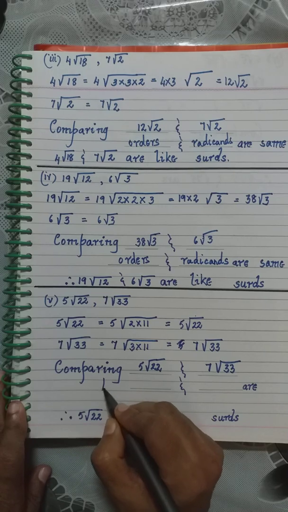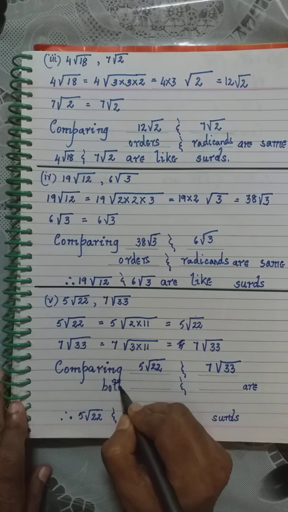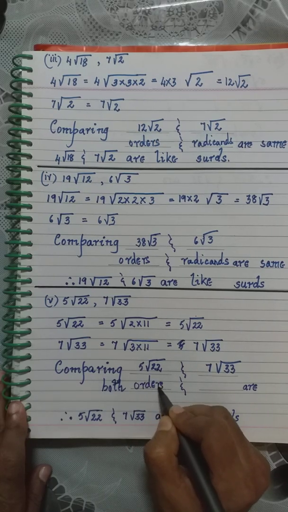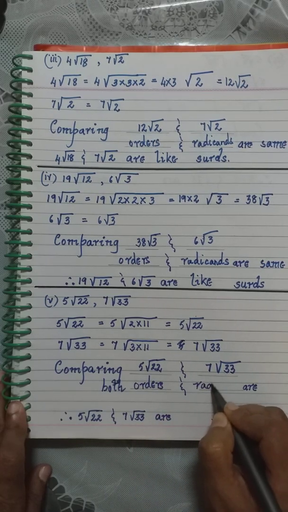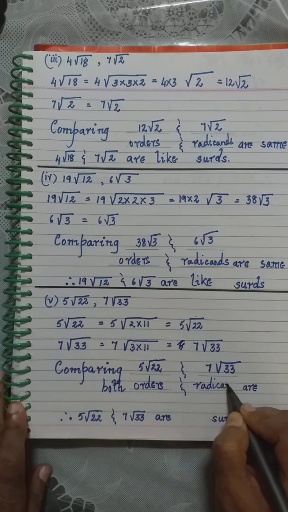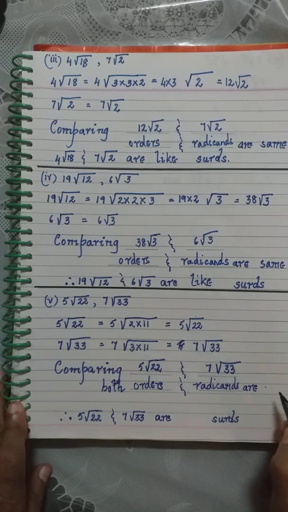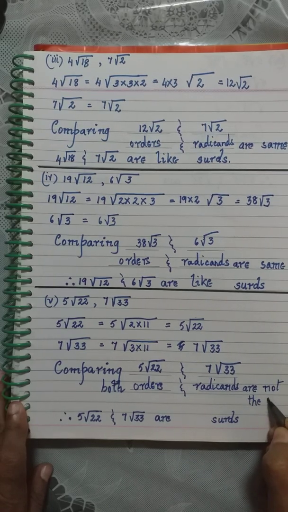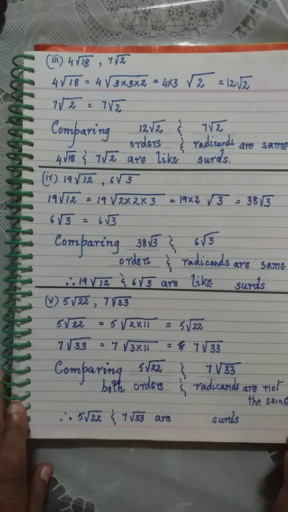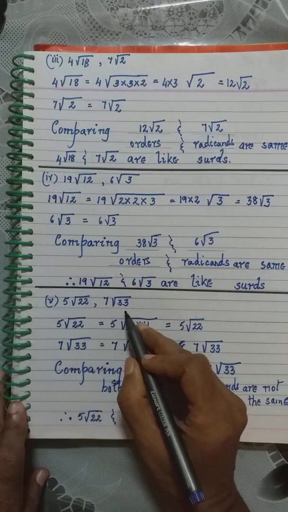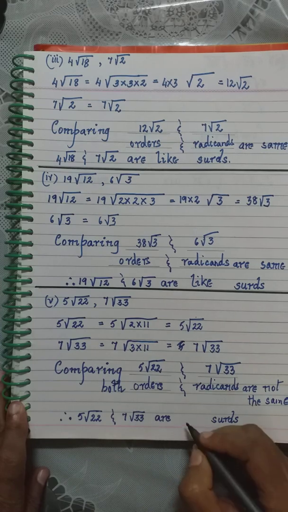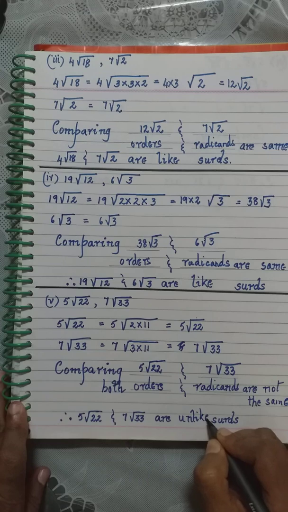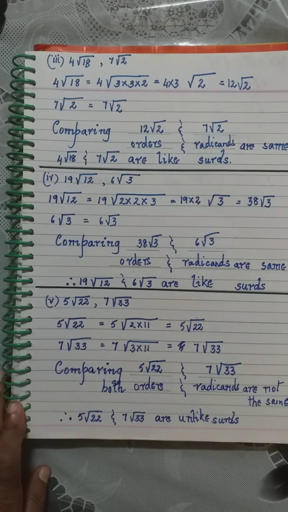So we'll say both orders and radicands are not the same. Therefore, 5 root 22 and 7 root 33 are unlike surds.